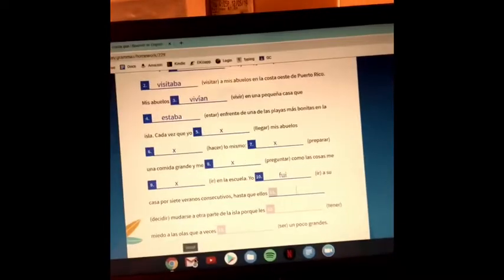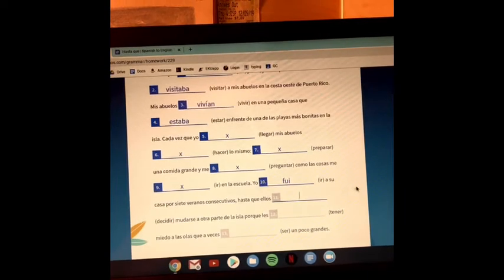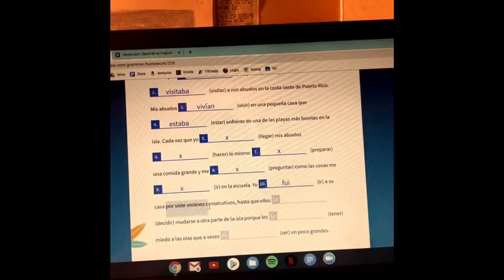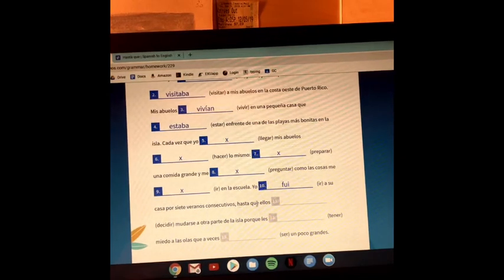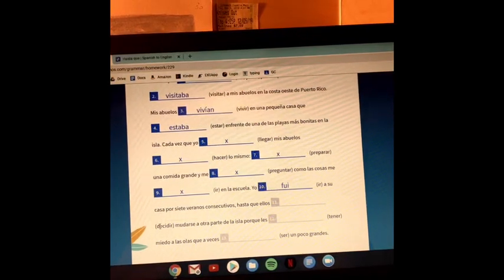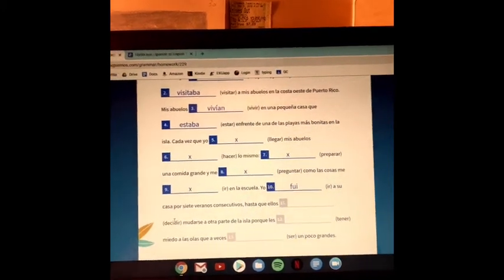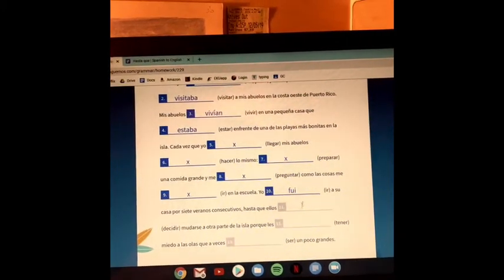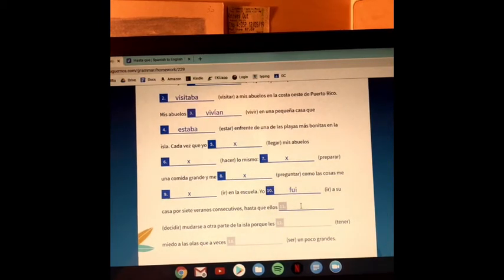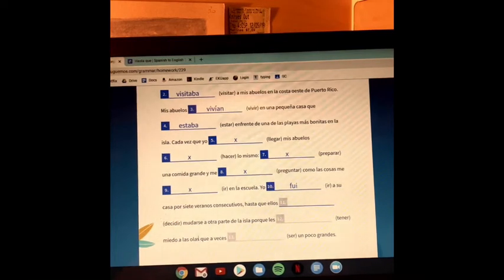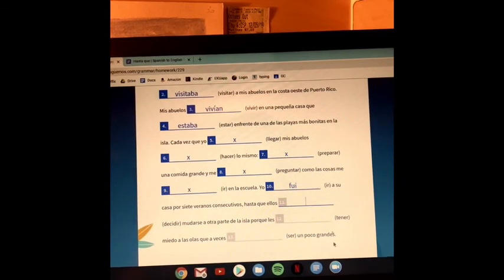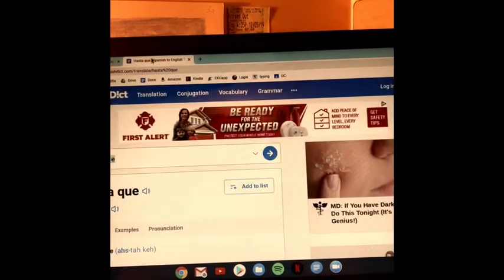Until. So it says I went to their house for 7 consecutive summers until they decidir, and decidir is decided, right? So until they decided, that decision was a one-time thing. They decided mudarse, and I looked up mudarse and it means to move. They decided to move to another part of the island, okay? So if they decided, and that's in preterite.